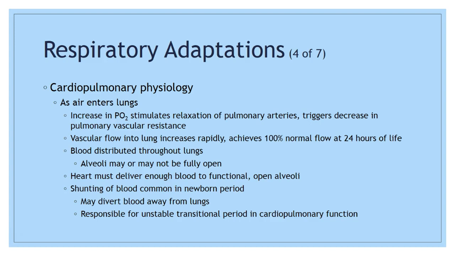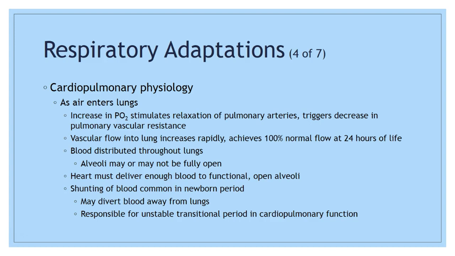But whenever the baby is born, that pulmonary vascular resistance has to decrease substantially because now we want blood to go there. So you think of this from a pressure standpoint. If something has a lot of high pressure, it's going to be difficult for another substance to enter that area of high resistance.